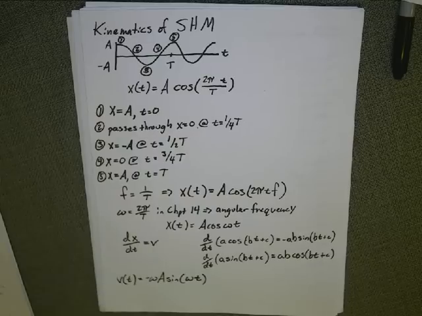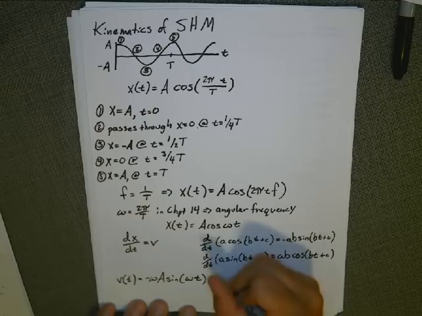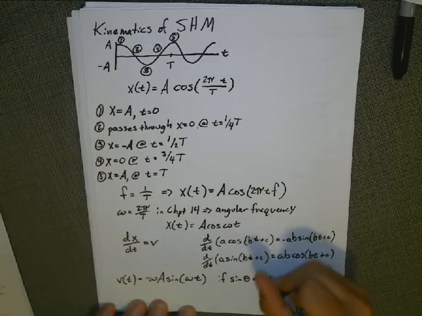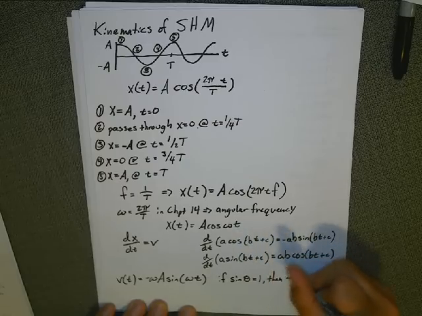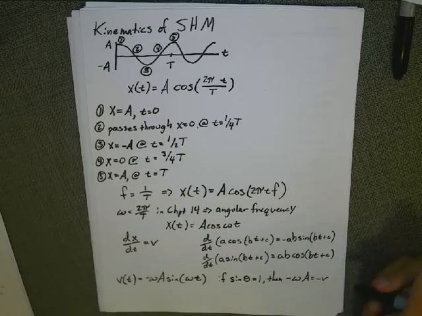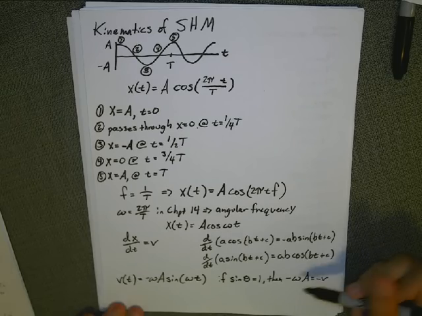And if sine equals 1, then negative omega A will equal negative v. Since sine can't be any greater than 1 or less than negative 1, we can say that this is actually our maximum v.